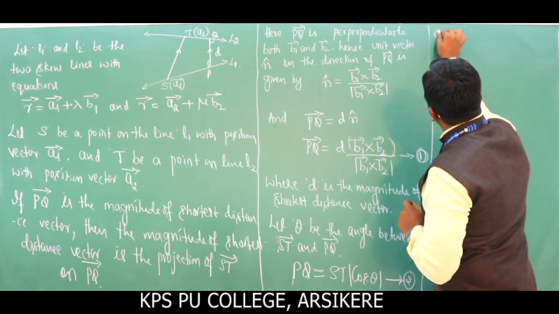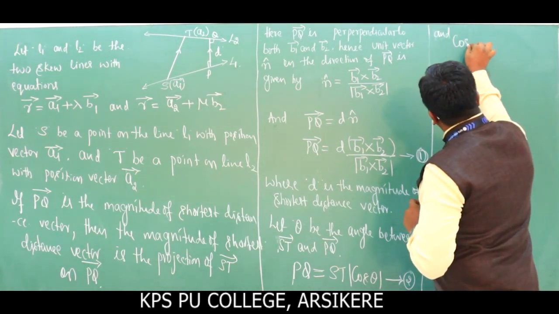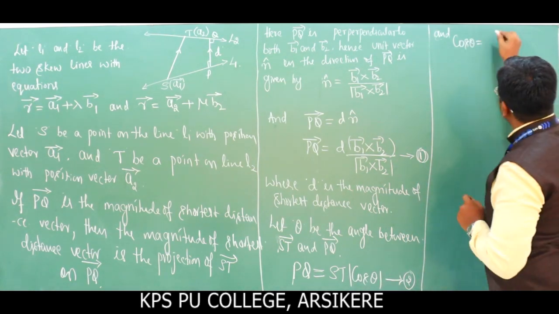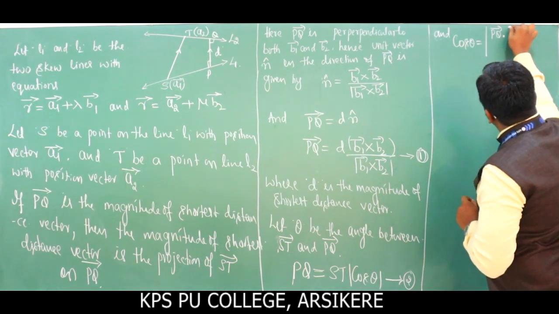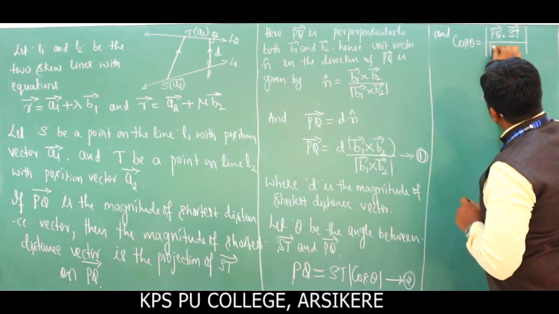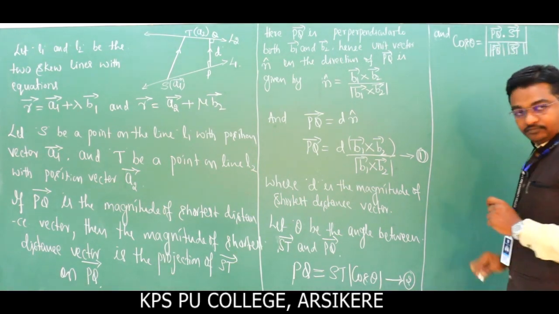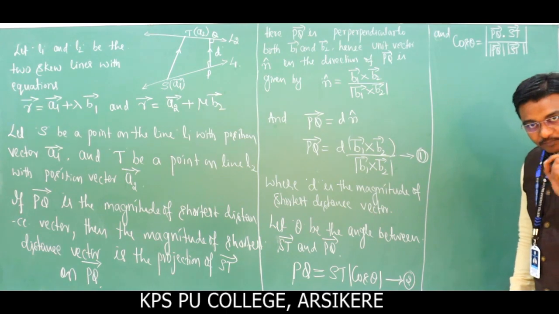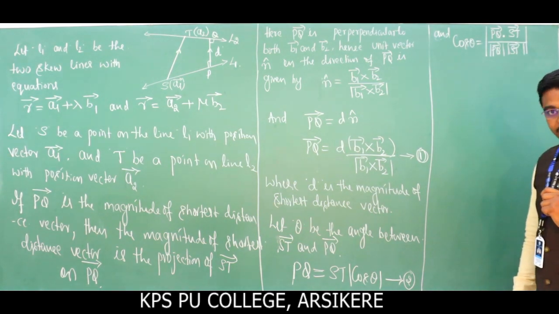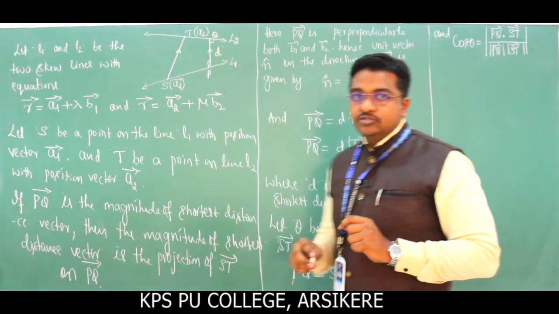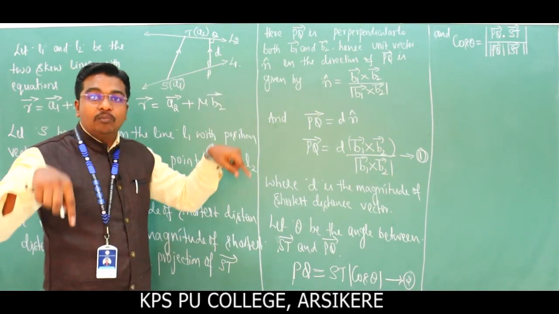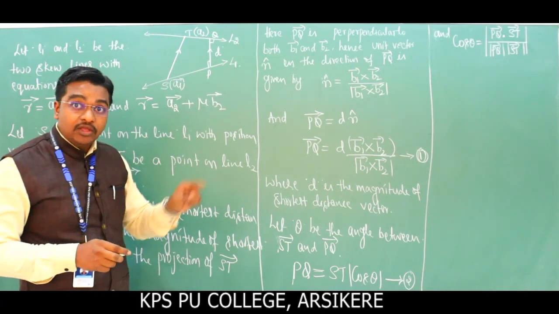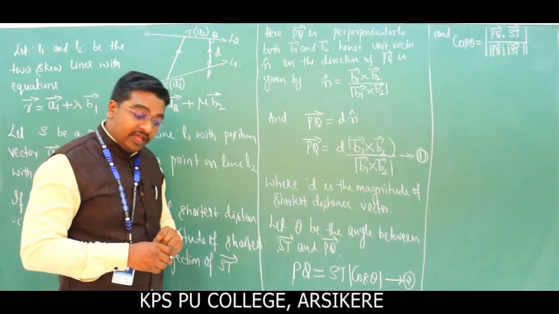Then cos theta is equal to modulus of vector PQ dot vector ST whole divided by modulus of PQ into modulus of ST. Clear? Magnitude of vector PQ into magnitude of vector ST.